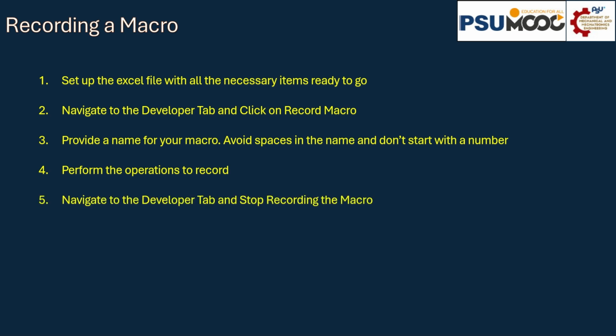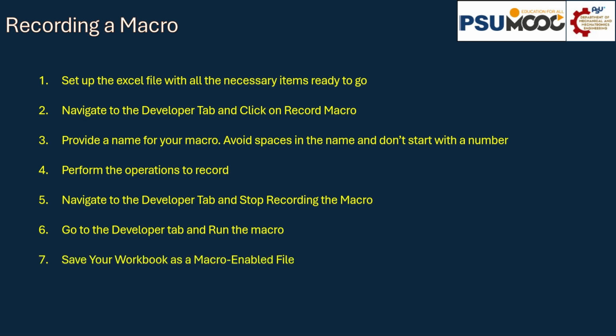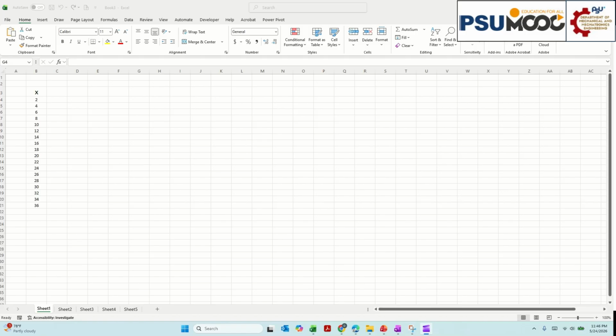Navigate to the Developer tab and stop recording the macro. Step 6. Go to the Developer tab, click on Macros, select the macro you recorded, and click Run. Step 7. Save your workbook as a macro-enabled file. Go to File, Save As, select the Excel macro-enabled workbook file format, and save it.